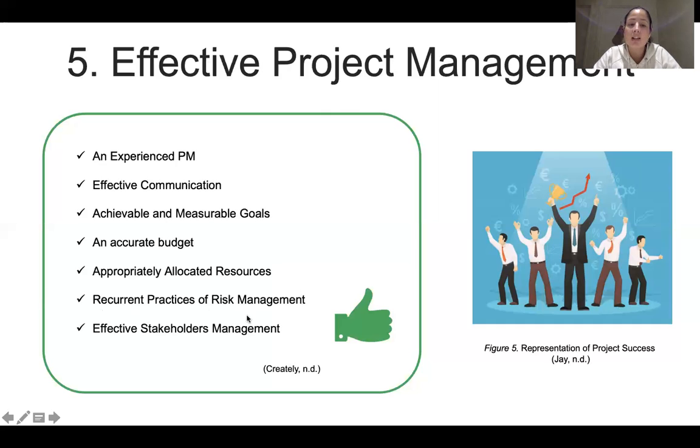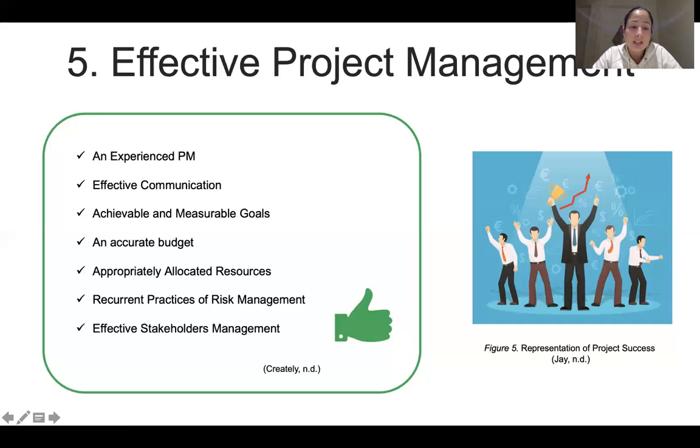It is important for the project manager to always stay focused on risk management during all the phases, because there are maybe some risks that we know, but there are others that can appear while we are developing the project.